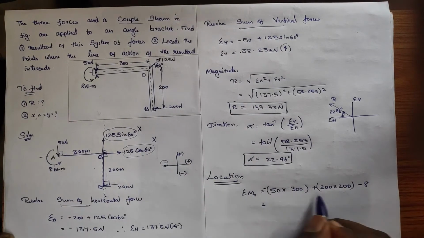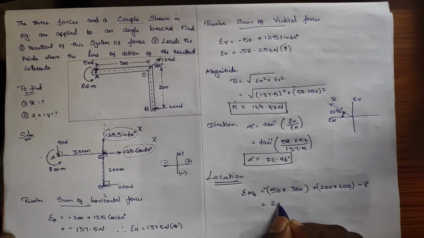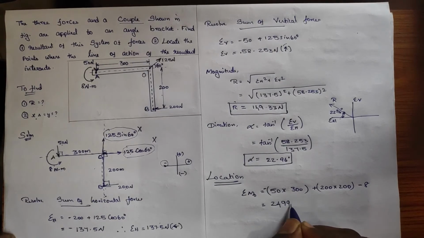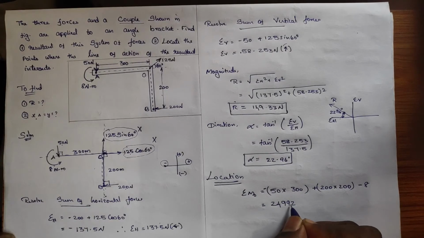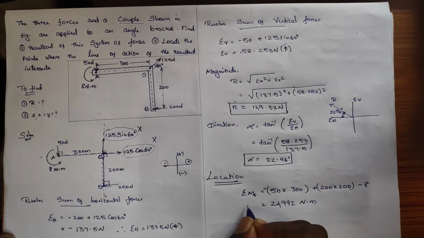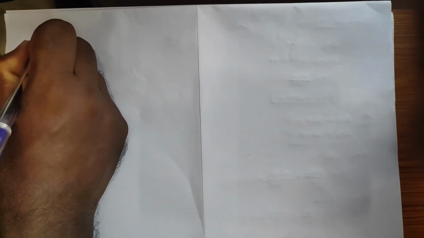Okay, now just do the calculation. Just feed it in your calculator, and I hope when you calculate it you will get 24,992 Newton meter. In terms of Newton meter, we get the moment about O, right? So the next step is to apply the Varignon's theorem.